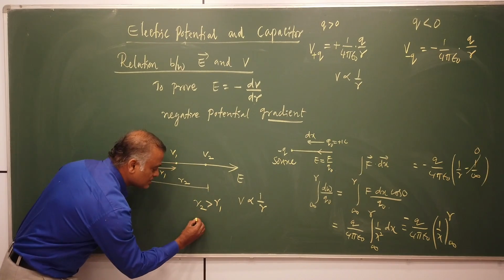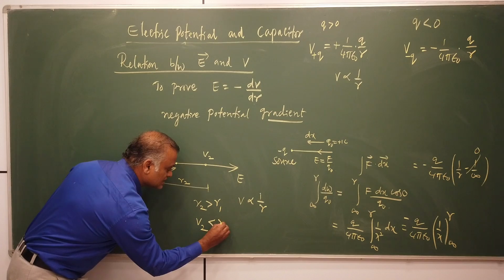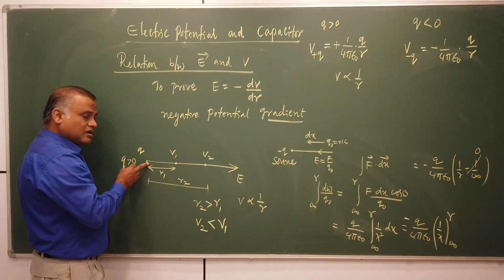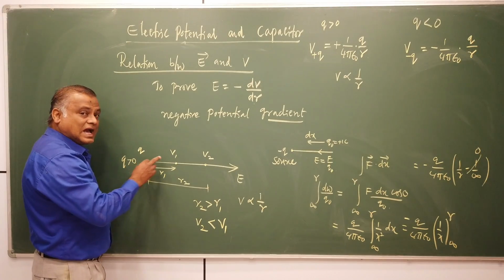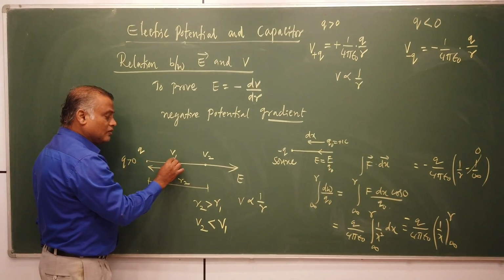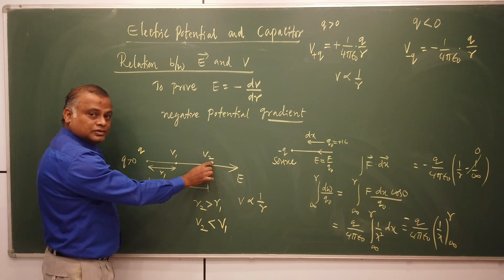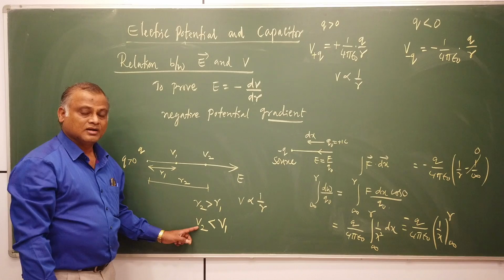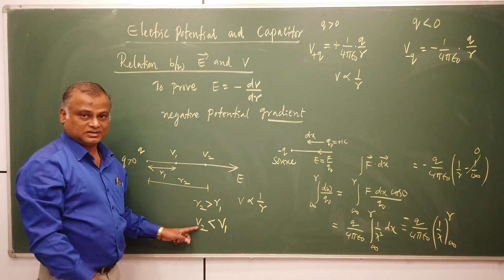So from this you can say V2 is less than V1. That means if you carry a charged particle, say from point 1 to point 2, along the direction of electric field, what happens? Potential decreases.